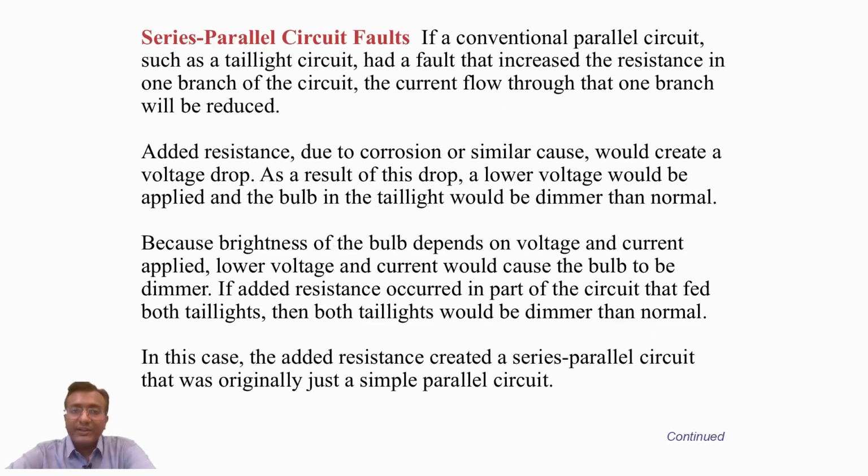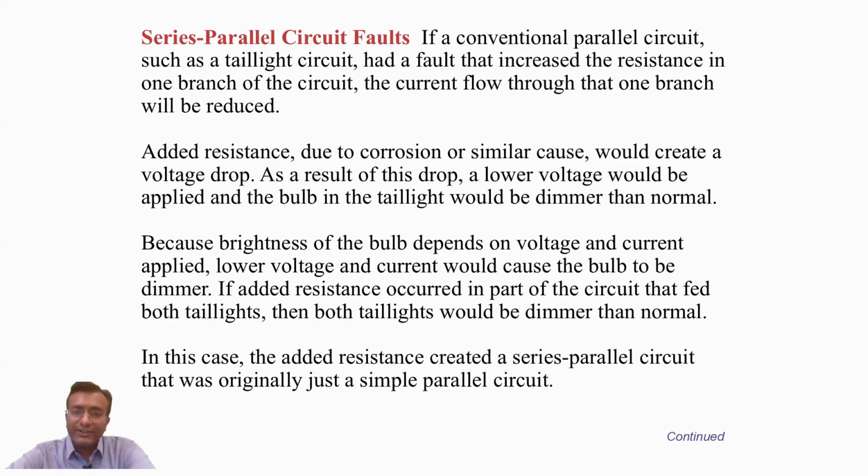Now to determine the series parallel circuit faults. If a conventional parallel circuit such as a tail light circuit has a fault that increases the resistance in one branch of the circuit, the current flow through that one branch will be reduced. Added resistance due to corrosion or a similar cause would create a voltage drop.